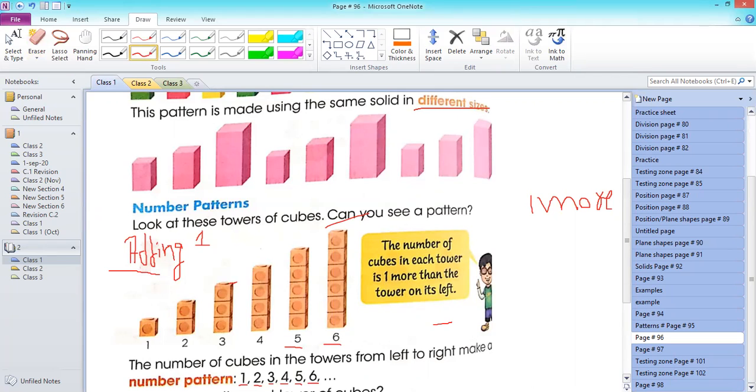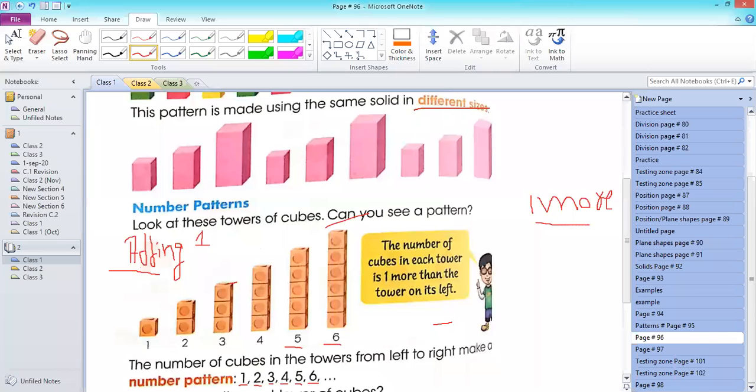There was only one, but it is having two. If you check this, it is also having one more cube than the previous one. If you check this 4, this tower is also having one more cube than the previous one.